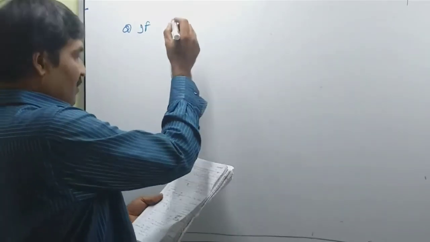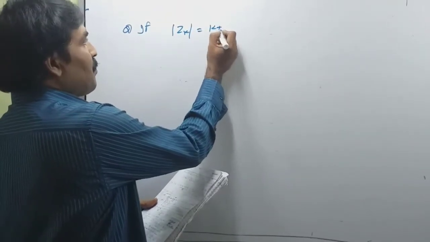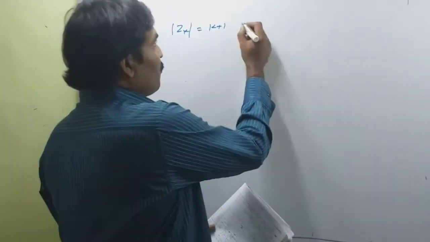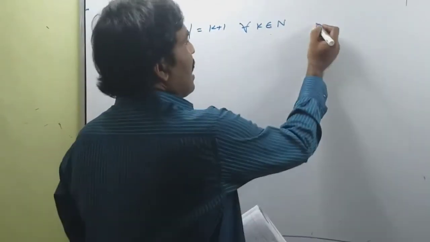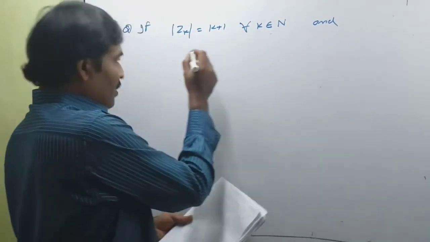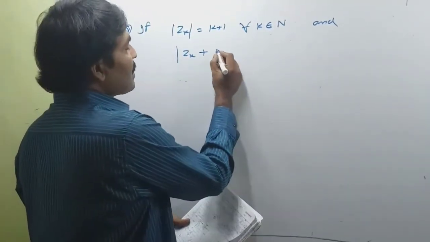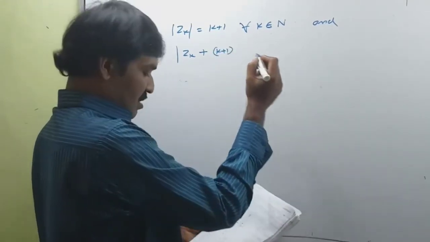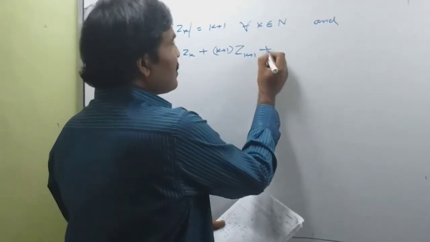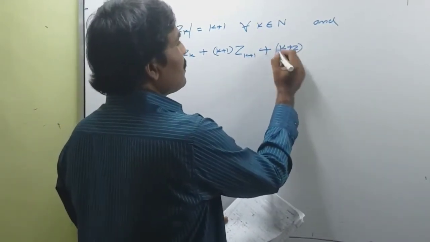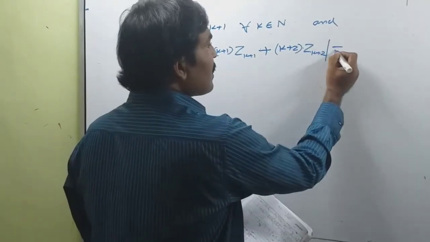If mod Zk is given as k plus 1 for every k element of N, that is a set of natural numbers, and mod of Zk plus k plus 1 Zk plus 1 plus k plus 2 into Zk plus 2 is equal to 3.